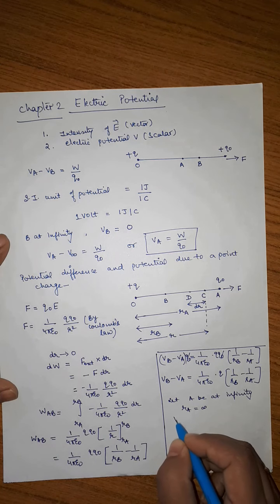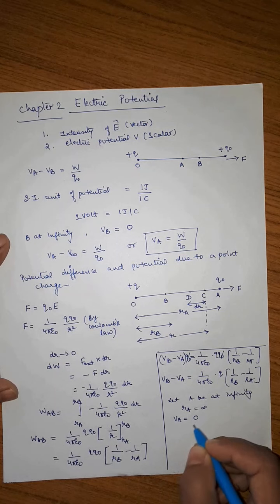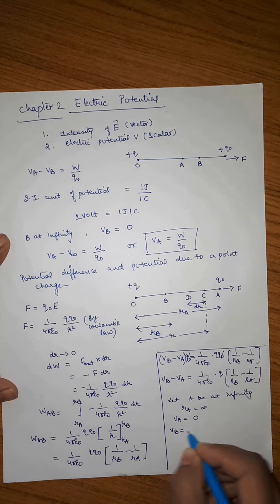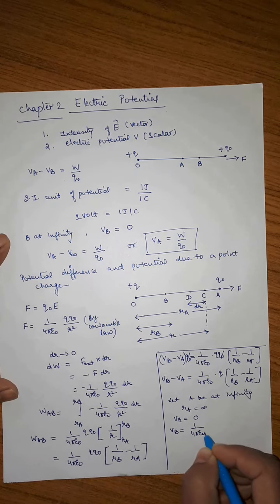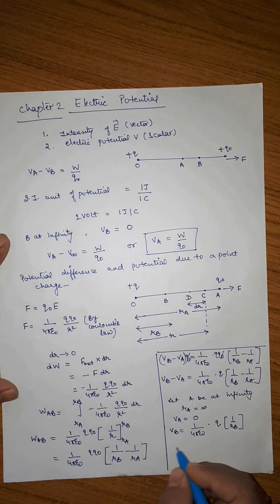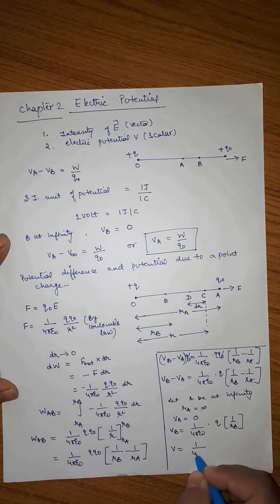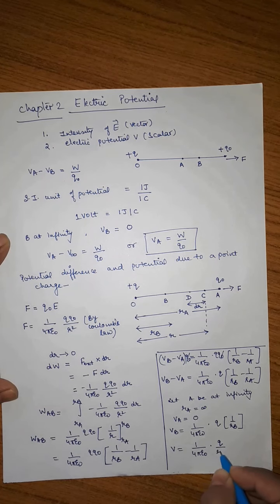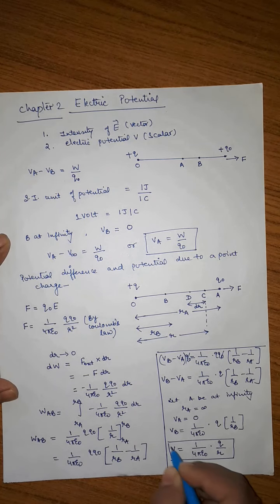And the potential at infinity will be nearly 0. So we will get this, or the generalized term will be potential is equal to 1 upon 4 pi epsilon naught Q upon R. This will be the electric potential.